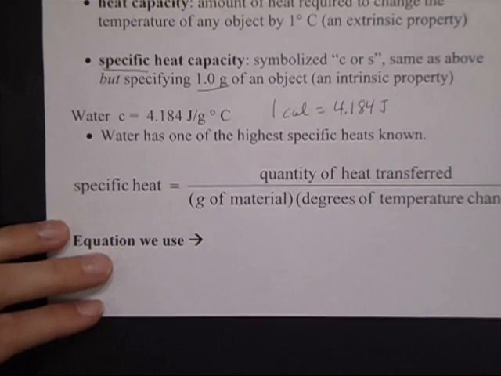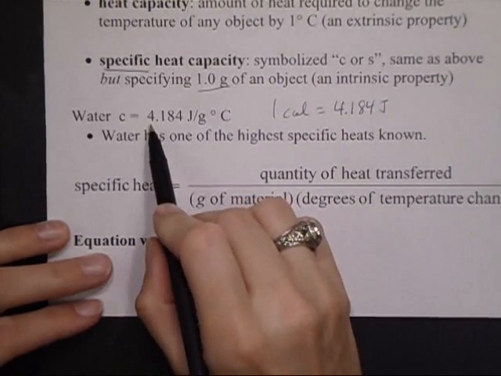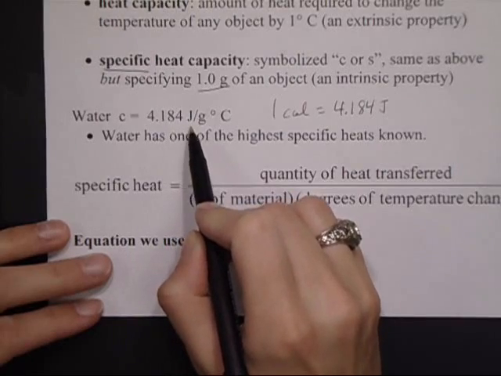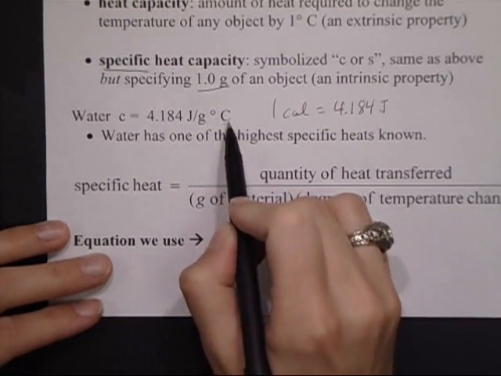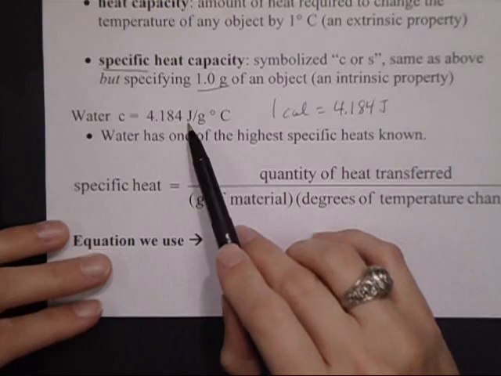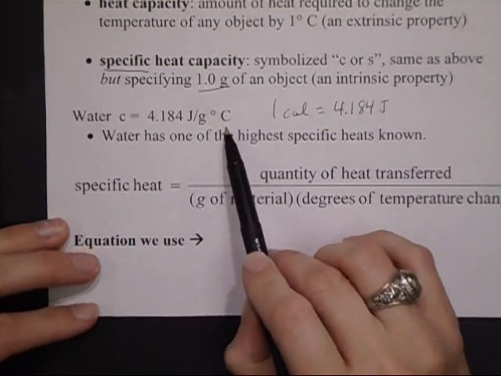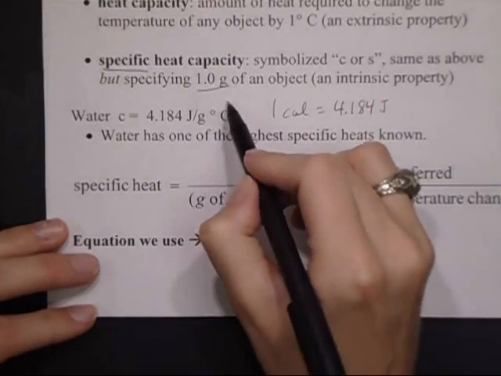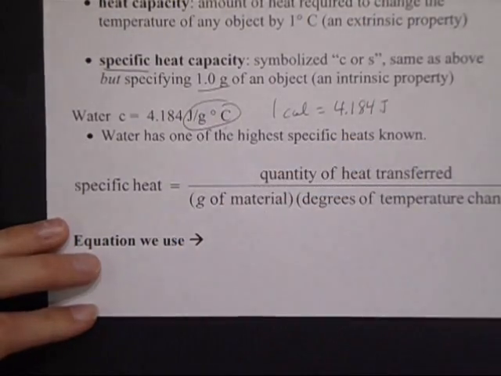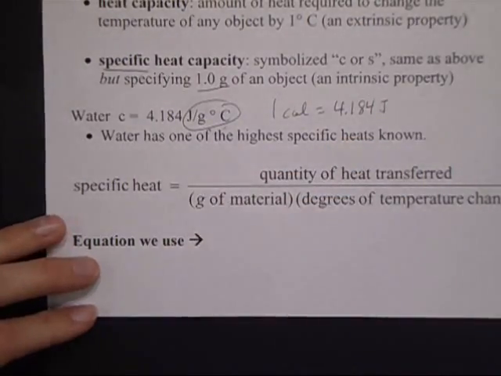That relationship came from the values for the specific heat. Water is 4.18 joules per gram degrees Celsius. So that's the amount of energy required to raise 1 gram of substance by 1 degree Celsius. Those units become very important, as does memorizing the one for water.